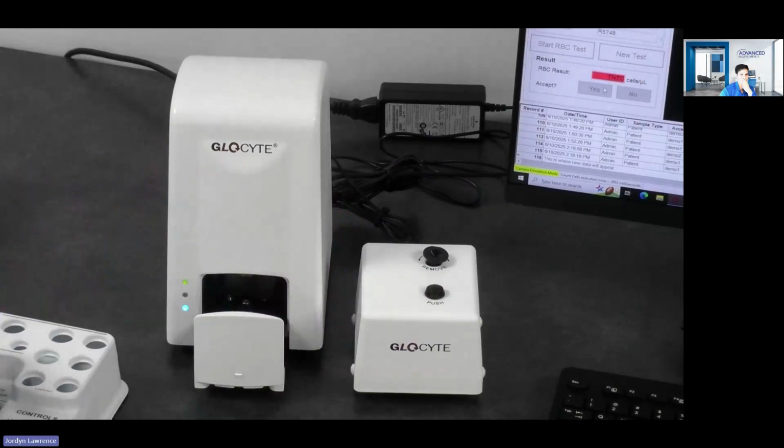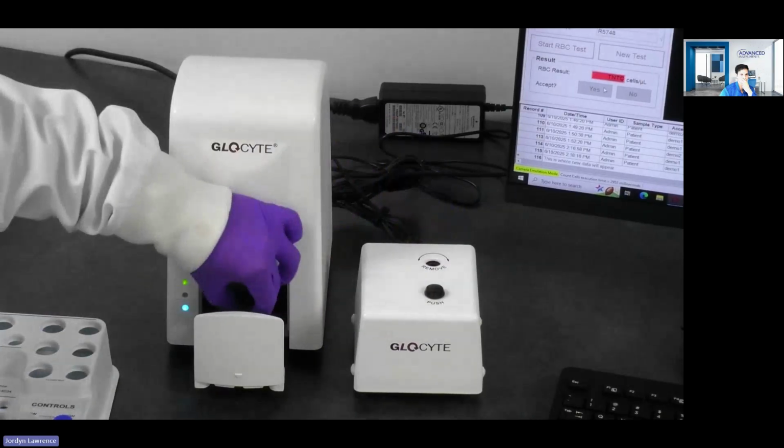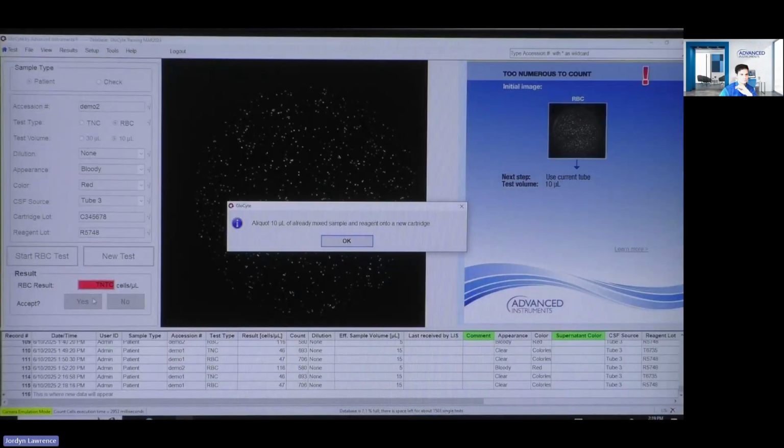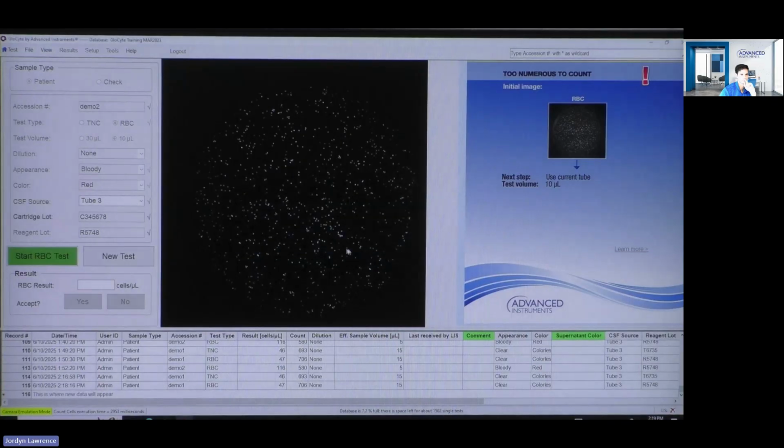Fire the sample out. Put it in. Bring it back to the software and hit OK. And then another unique thing about the GloCyte, you don't have to go back in and retype in the accession number, put the dilution amount that you had. You can just hit start test. The GloCyte knows what you just did.